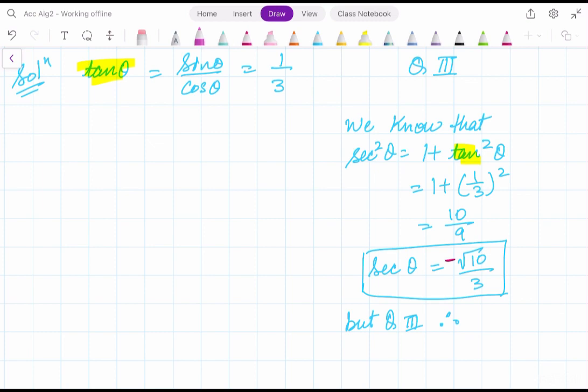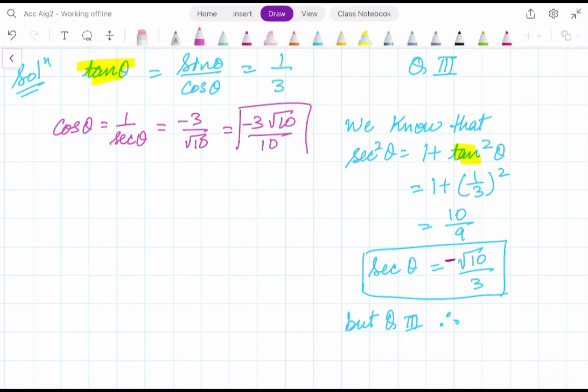Because cos is negative in quadrant 3, and because cos is negative, secant will also be negative. So we can say cos theta is 1 over secant theta, and we can have negative 3 over radical 10, but we don't like a radical in the denominator. After rationalizing it, you are getting negative 3 radical 10 divided by 10.